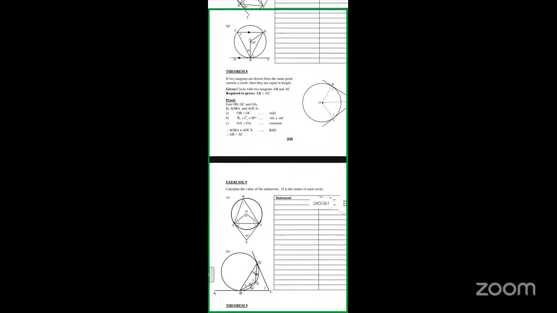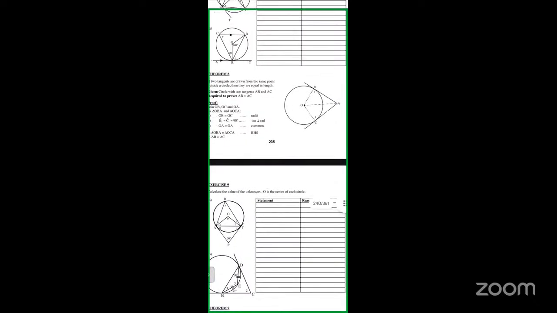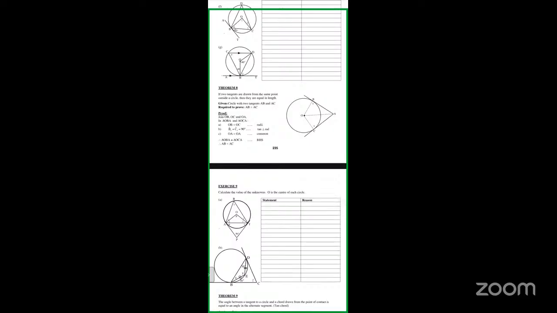If A is extended as a line to B and as well to C as a tangent, those lines AB and AC are equal. This is also the proof for the theorem.